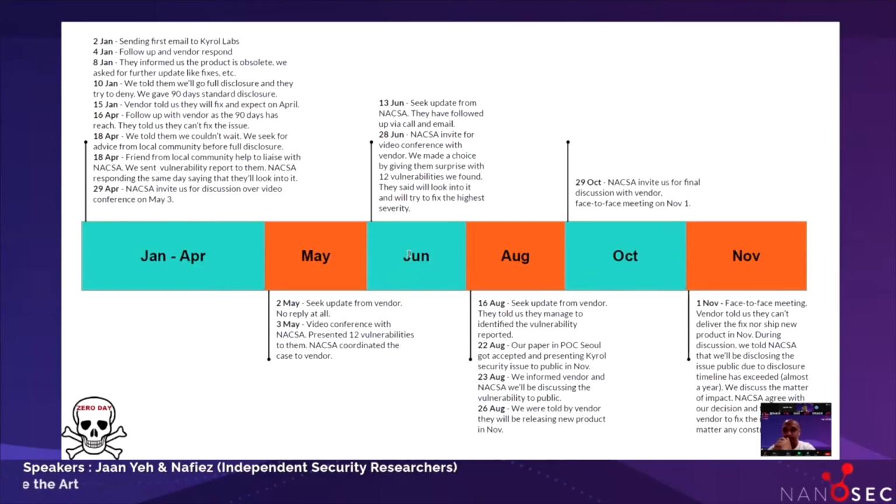And yes, it's funny when we were face-to-face with the vendor, they told us they couldn't deliver the fix and ship it to the customer, or whatever new product they had, and they told us they had an issue with the developer and so on. But it's November, right? They had been promising since January, then April, and then so many excuses, and at the end they couldn't fix the issue.